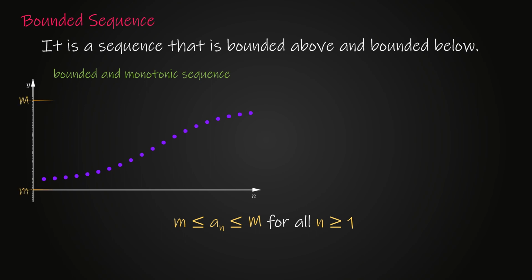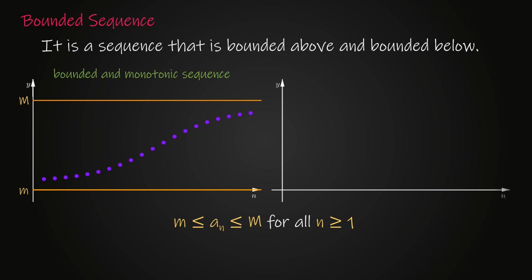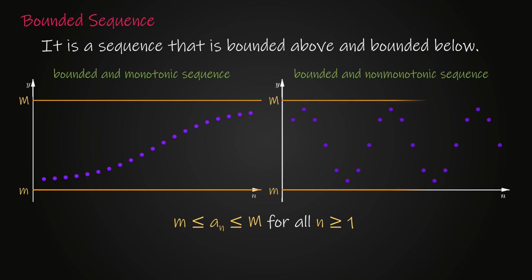It means that it is bounded below, bounded above, and increasing. Meanwhile, a sequence can also be bounded below, bounded above, and decreasing. In the second graph, the sequence is bounded but not monotonic. It means that it is bounded below, bounded above, but it is neither increasing nor decreasing.